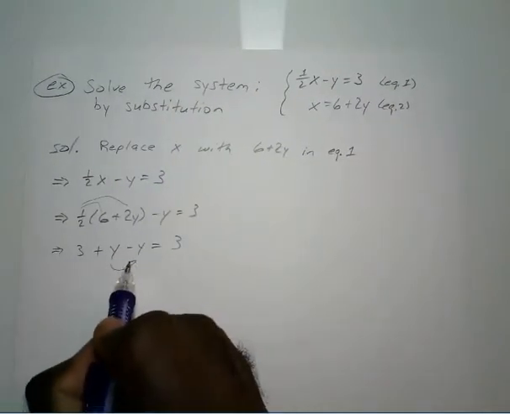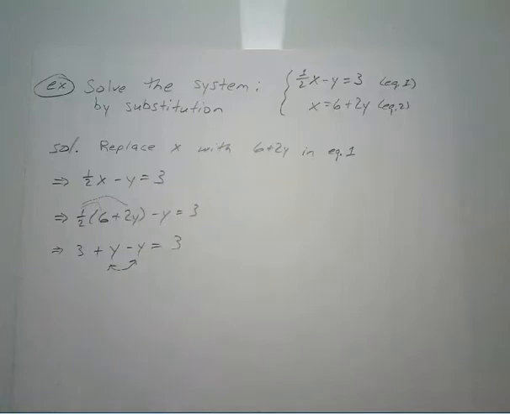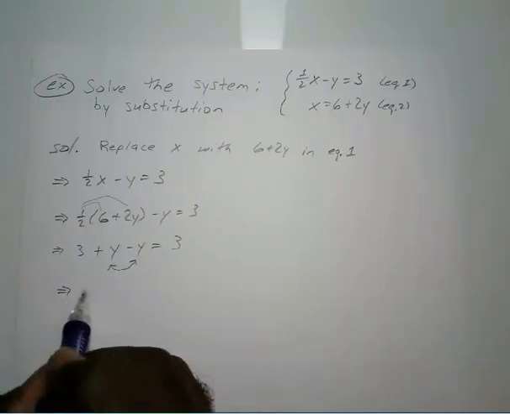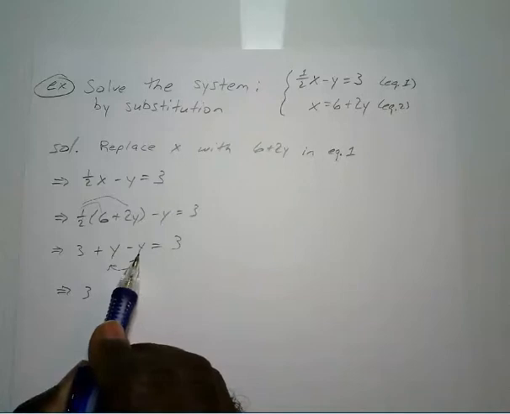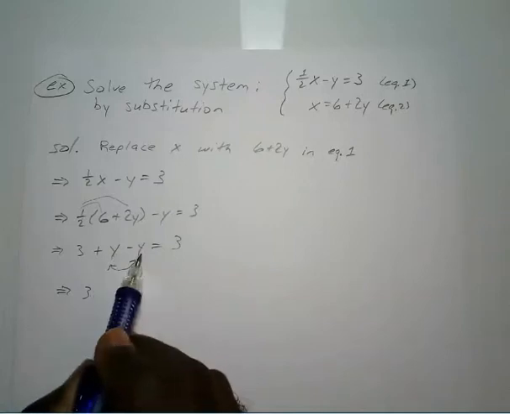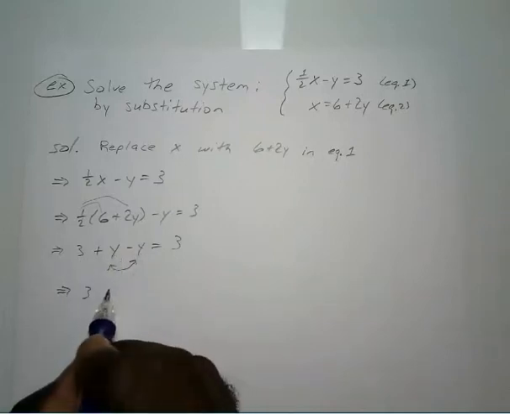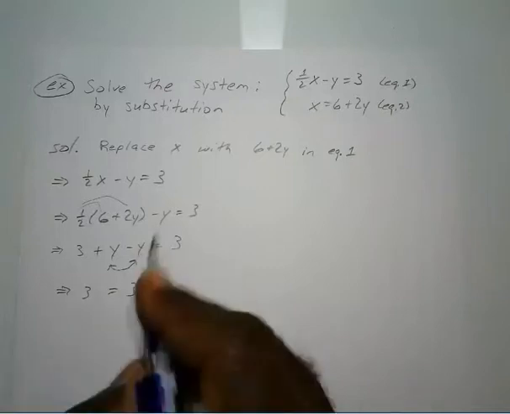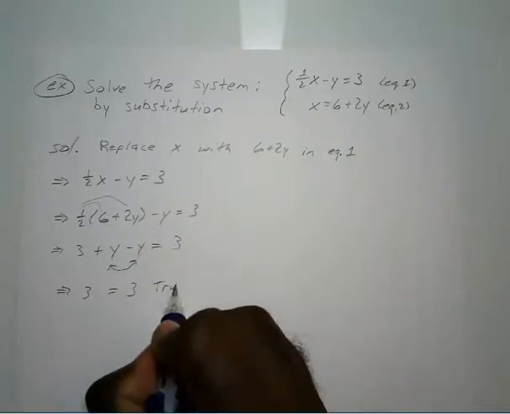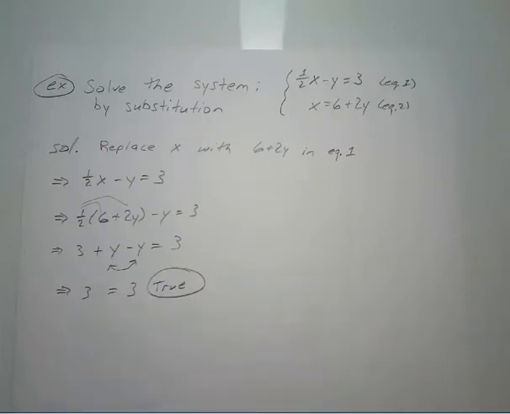Okay, so we can go ahead and combine those two like terms. So you have 3, but plus y minus y is 0. These two cancel out, so you have 3 plus 0, which is 3. So you end up with 3 equals 3, which is a true statement.